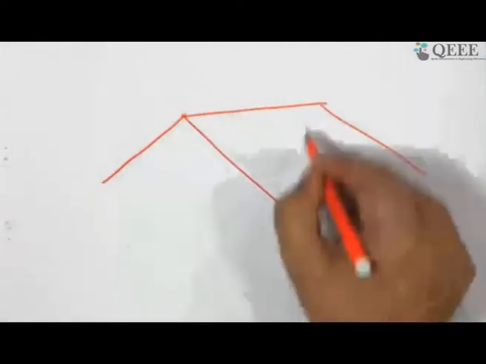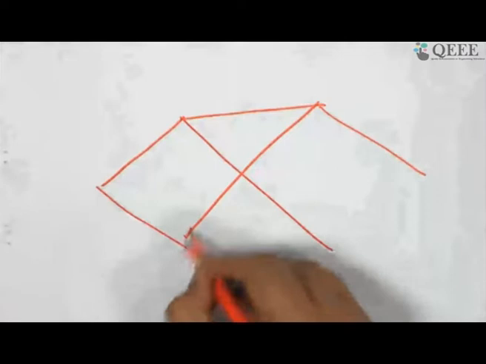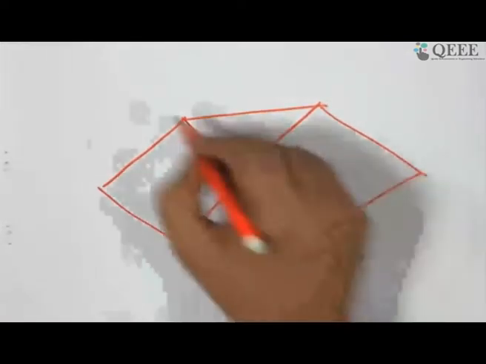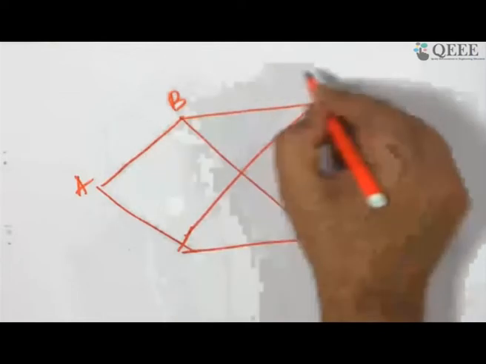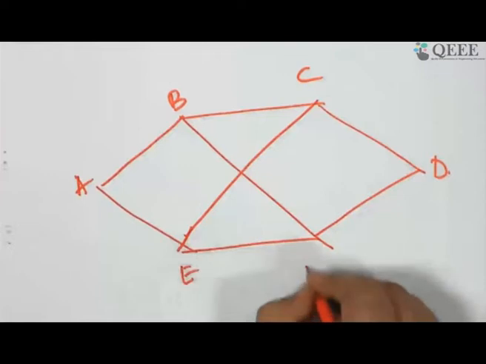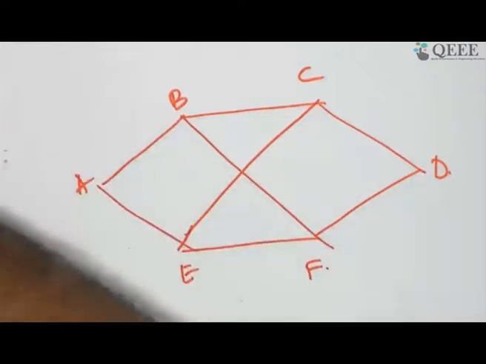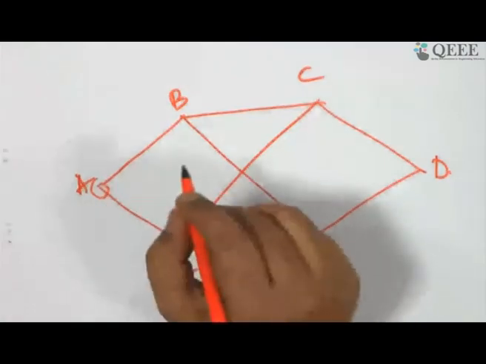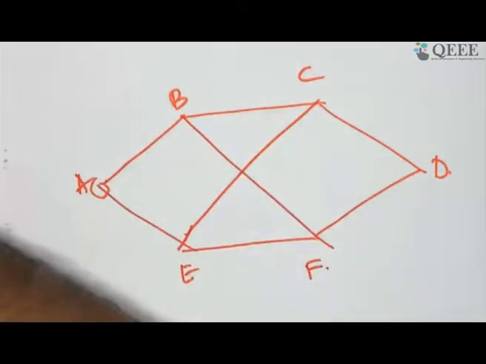A, B, C, D, E, F. It was like this. Fine. Now see, from A the sequence number is 21, and it has immediately come.